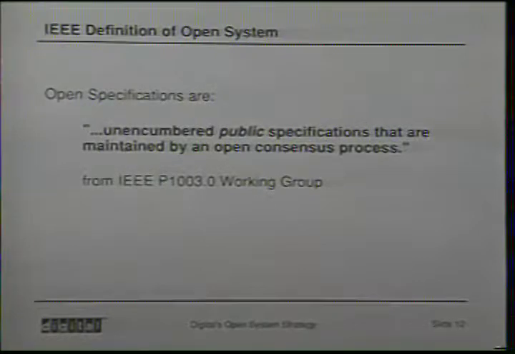And the IEEE definition talks about these specifications as being unencumbered public specifications maintained by an open consensus process. And that's very, very important. So you have the specification itself and also the process at which that specification is derived. And both of them are open from the standpoint that they are vendor neutral and they are compliant with international standards.